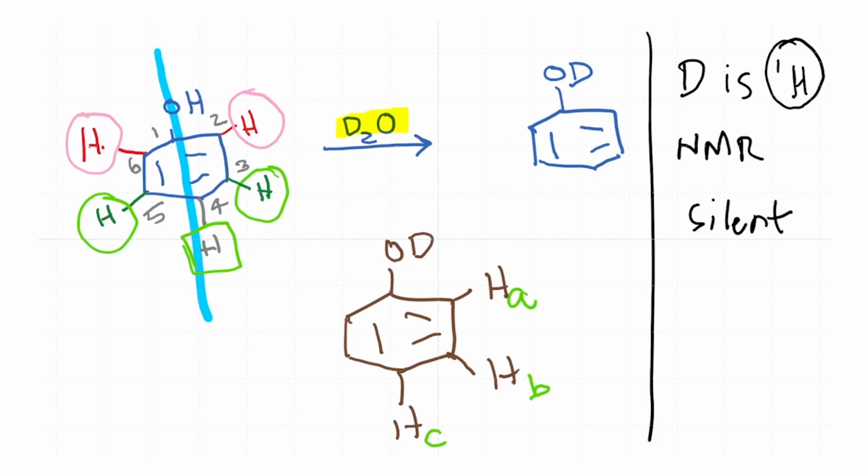So just to be clear about the numbering, this is 1, 2, 3, 4, 5, and 6. So you're going to see 3 signals in the NMR spectrum.